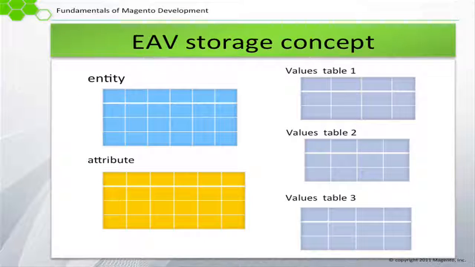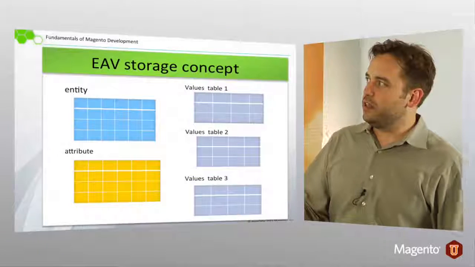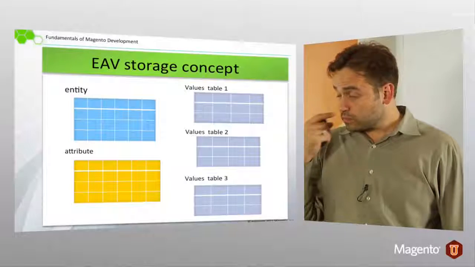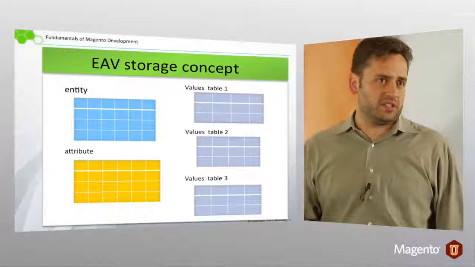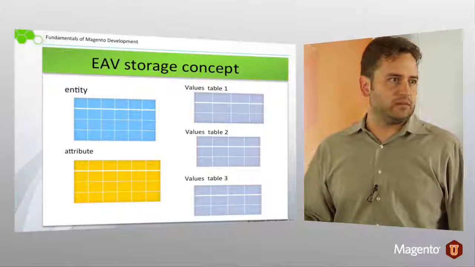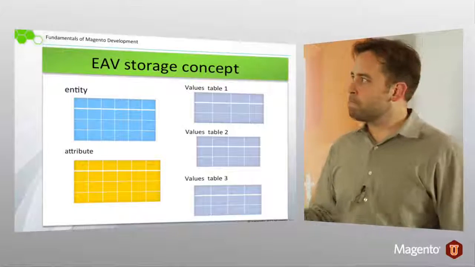So EAV storage, the idea is skinny tables, skinny long tables. So entity, this would be the thing in the system, catalog, product, catalog category, entity, and the static attributes. So this is the record that something exists. And probably should be scopeless data. Okay?